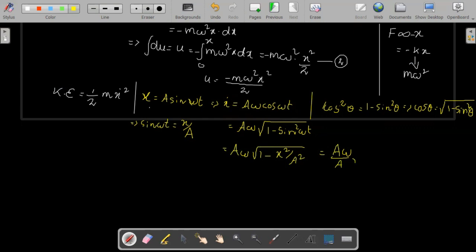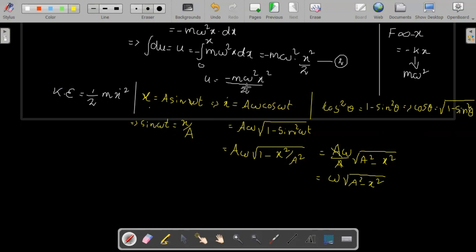We can take the LCM, and this term would be a square minus x square. So a gets cancelled, and I simply get omega root over a square minus x square. So what is a? A is our amplitude.